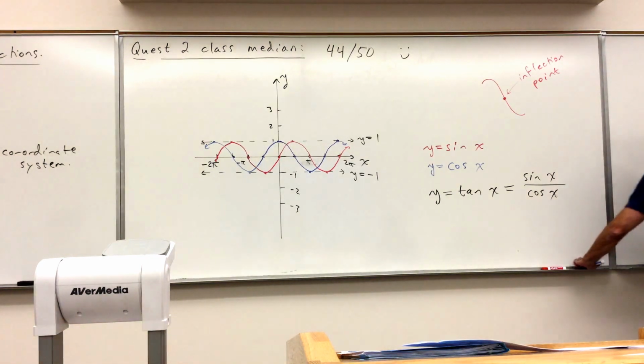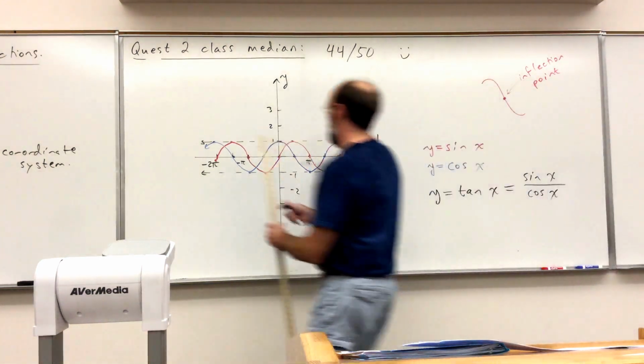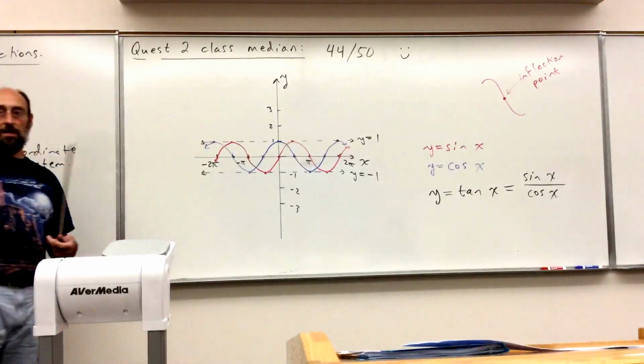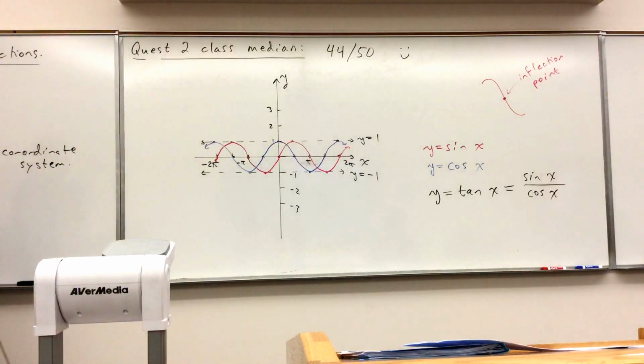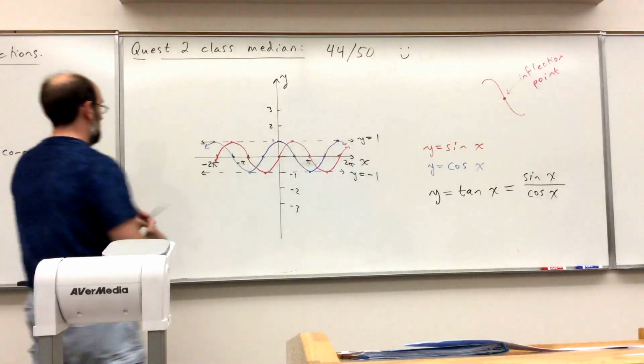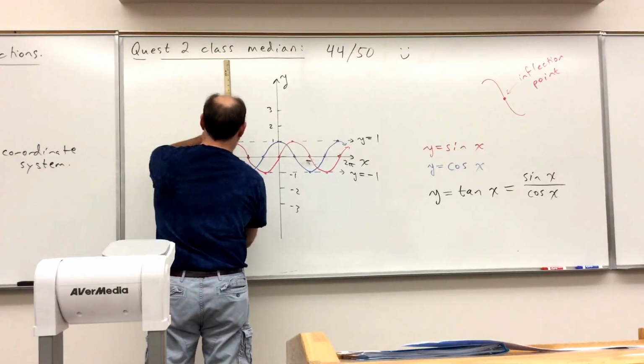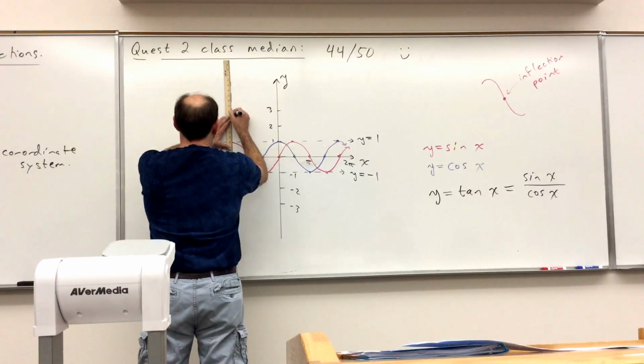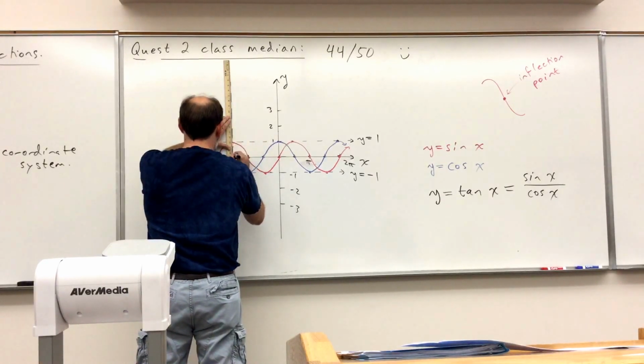So let's sketch in some vertical asymptotes everywhere we see an x-intercept of the cosine function. So that's going to be minus pi, 0, pi, 2 pi, etc. Just dash those in.